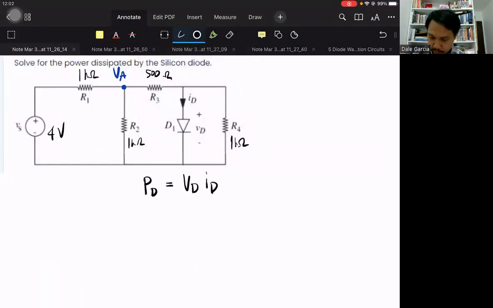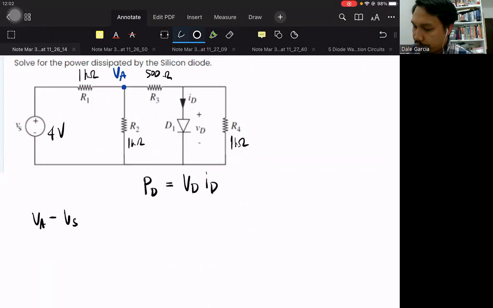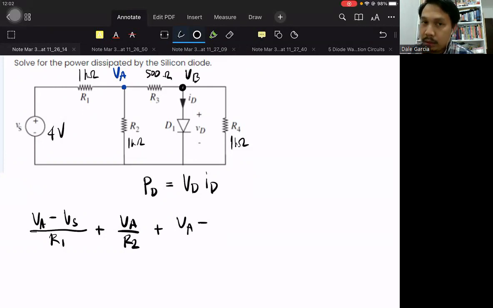Apply nodal analysis at that junction. In general, VA minus VS over R1, plus VA over R2, plus VA minus, let's say this is VB, over R3, equal to 0.